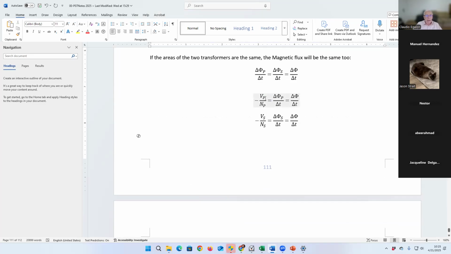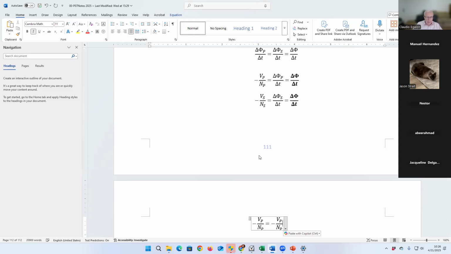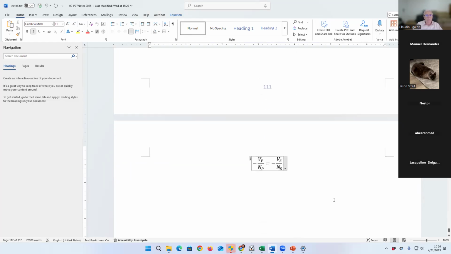And now I can make this equation equal to this equation right here, since they are exactly the same, right? I'm going to emphasize here by bold facing it. They are the same, right? This one is going to be equal to the other one. I'm just changing the subscript.